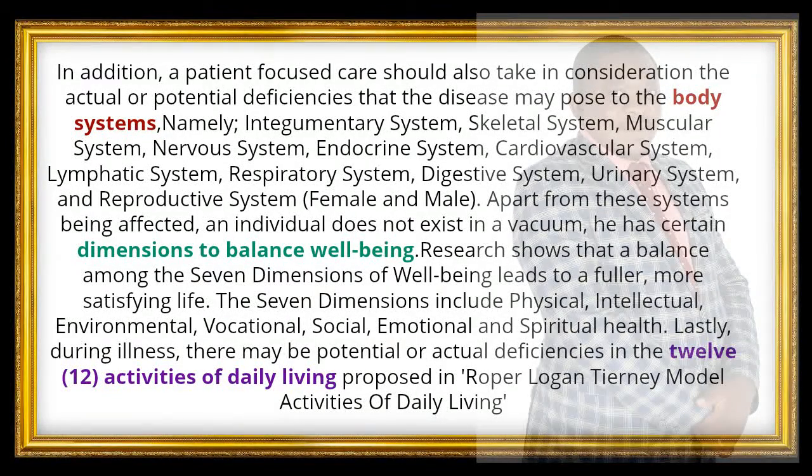He has certain dimensions to balance well-being. Research has shown that a balance among the 7 dimensions of well-being leads to a fuller, more satisfying life. The 7 dimensions include physical, intellectual, environmental, vocational, social, emotional, and spiritual health.